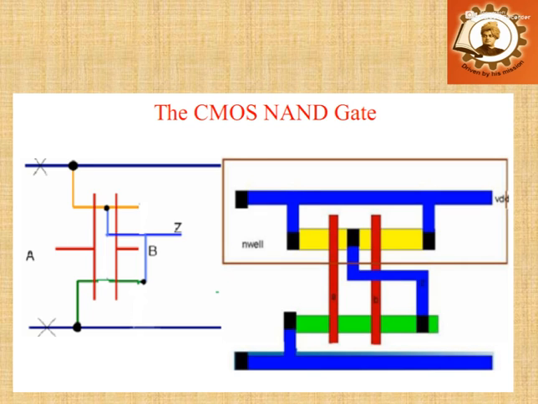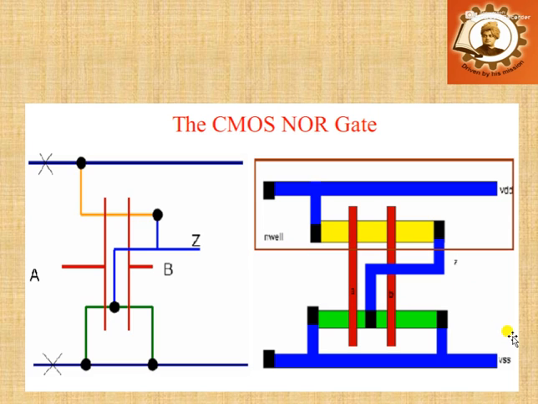Next we have a CMOS NOR gate. For this CMOS NOR gate, you design first the N well, then maintain the width of your metal, then polysilicon, contact, and also N diffusion and P diffusion to get the NMOS and PMOS. The contact size has to be maintained to get the actual contact.